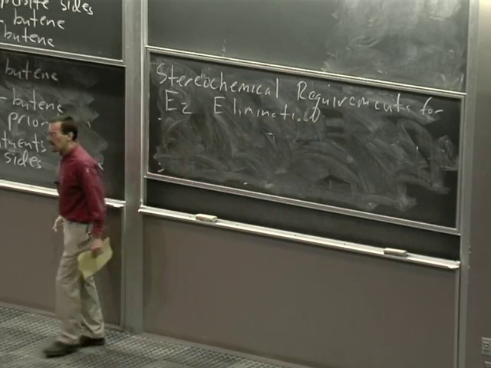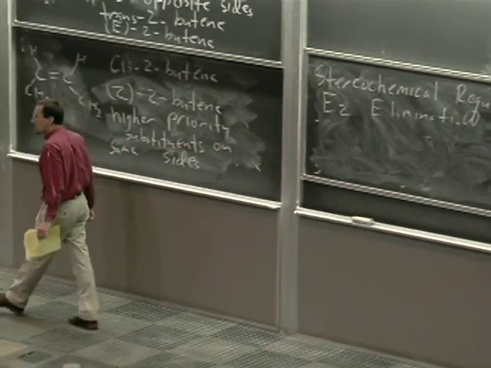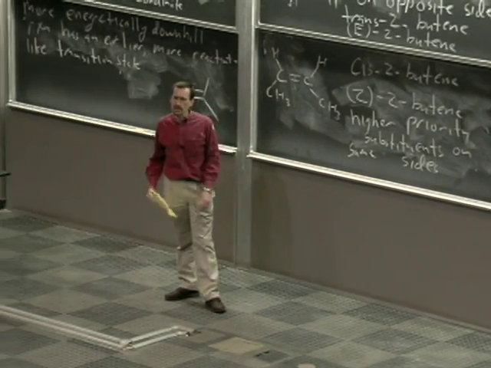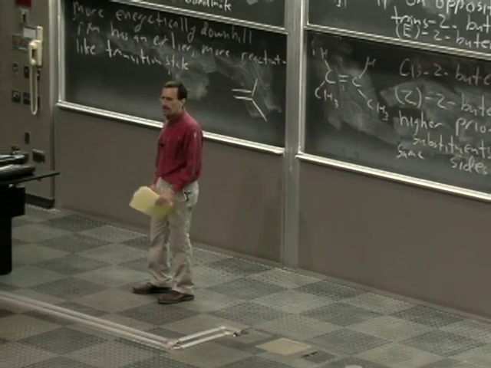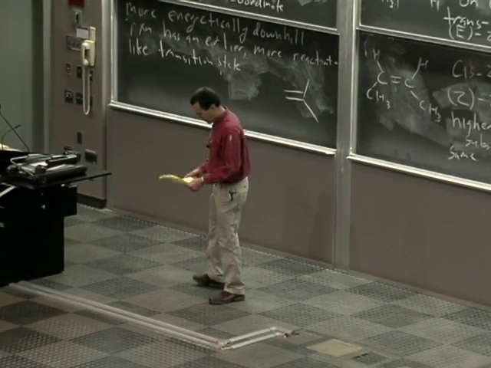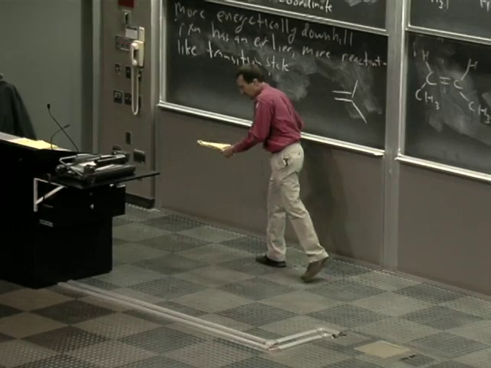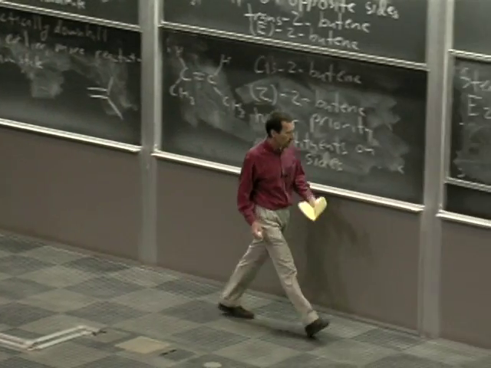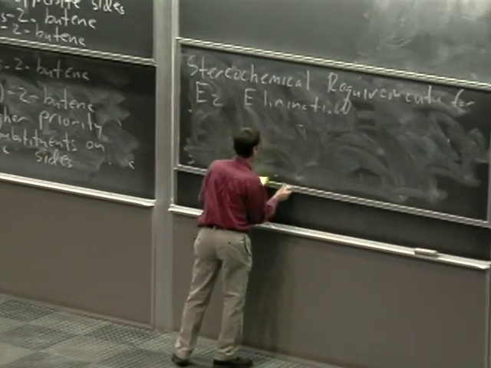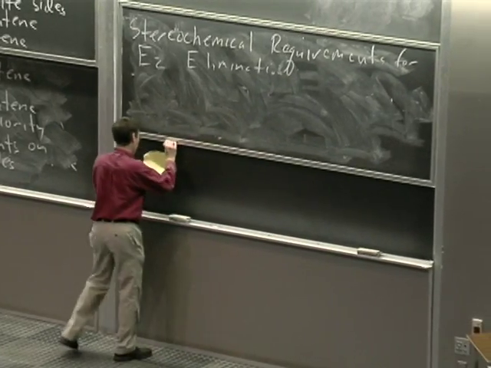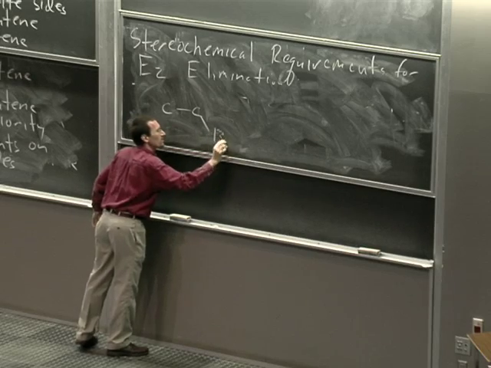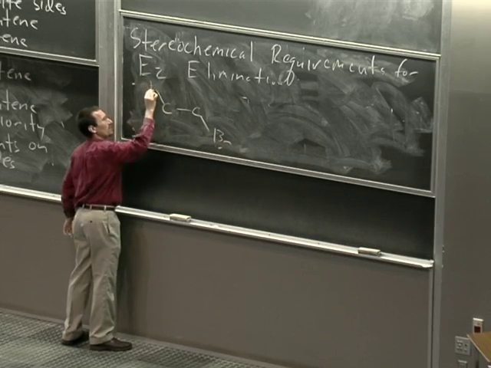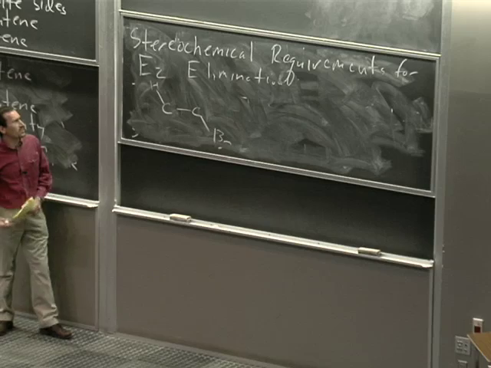And the requirement is that the hydrogen that's being removed, the proton that's being removed, is anti-periplanar to the leaving group that's leaving. So let me show you what I mean. Here's our framework of the molecule, and I'm skipping all of the substituents.